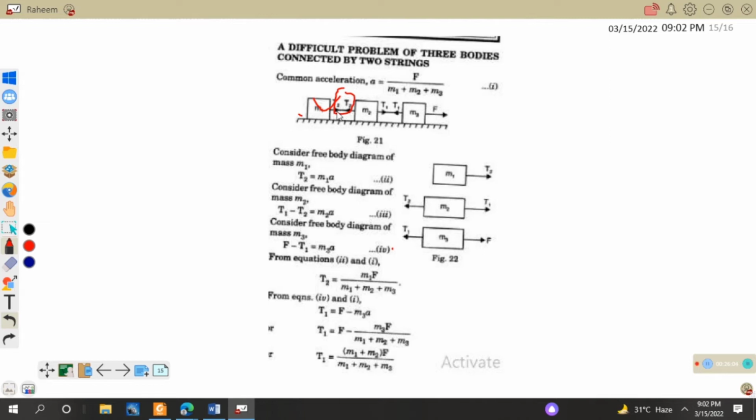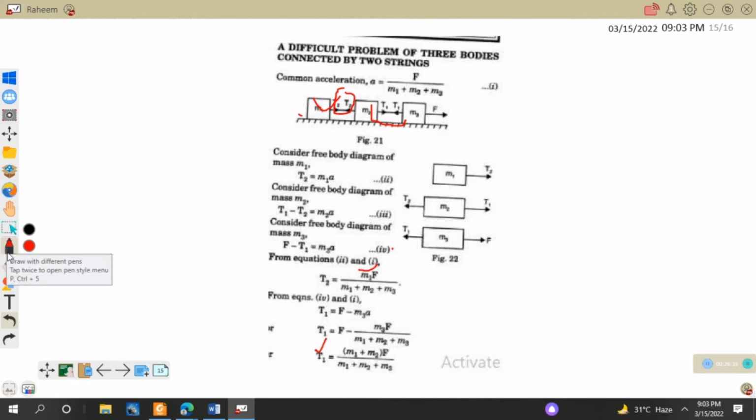If the applied force is on m1, in the expression for tension we will have m1 on top, m1 F over m1 plus m2. So T1 is the tension between m2 and m3, and here we have m1 plus m2 contributing in tension 1.